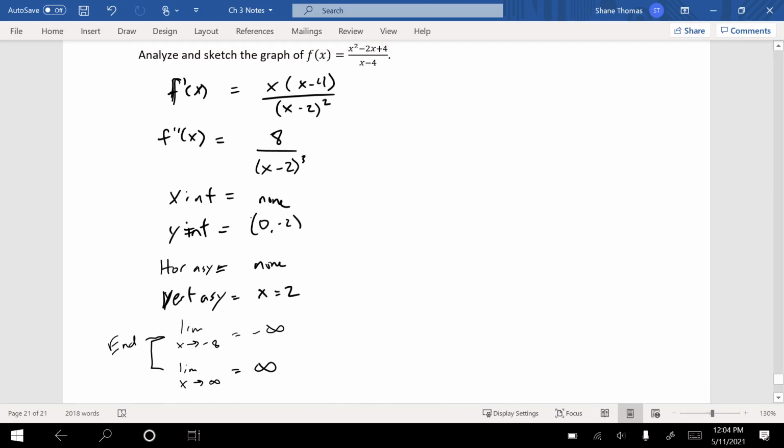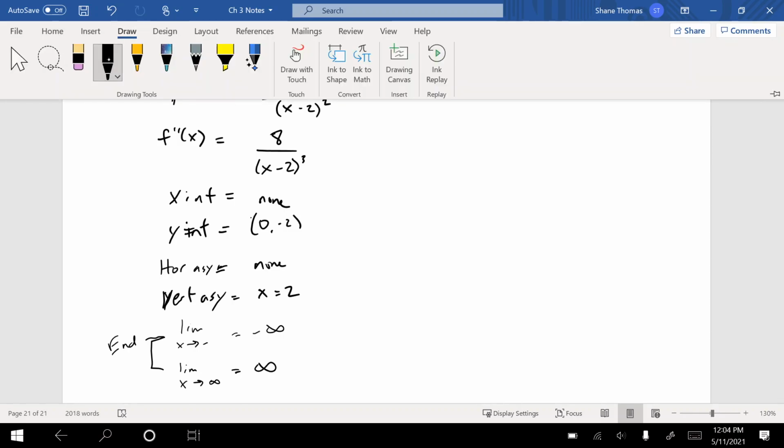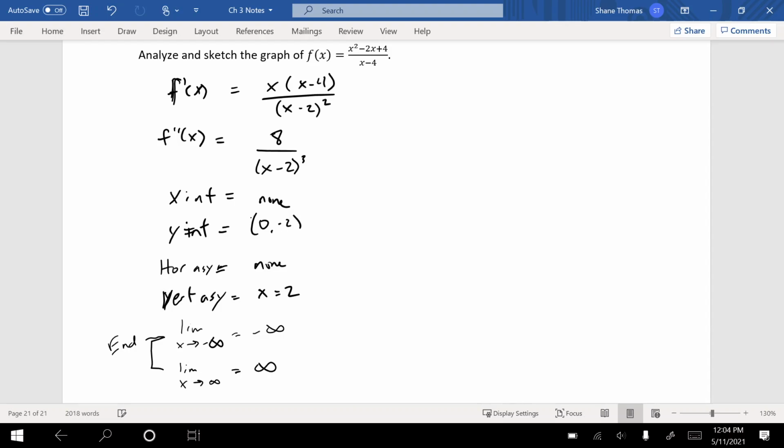All right, our critical numbers. Critical numbers are the values that give us 0 or undefined when we set f prime of x equal to 0.